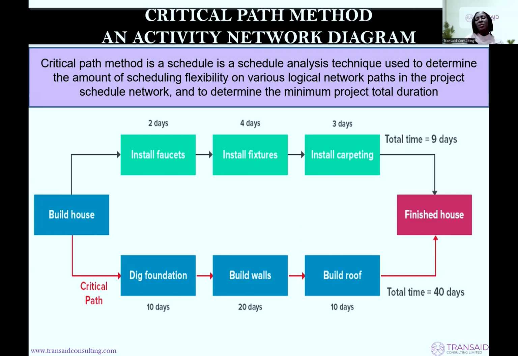Or float, you can read up on that, 0. So you see the critical path: dig foundation, build walls, build roof. If you delay any of these activities, your project will be delayed. But you can delay installing all the paraphernalia, installing carpentry and all those, you can delay them, but you cannot delay any of the activities on the critical path.